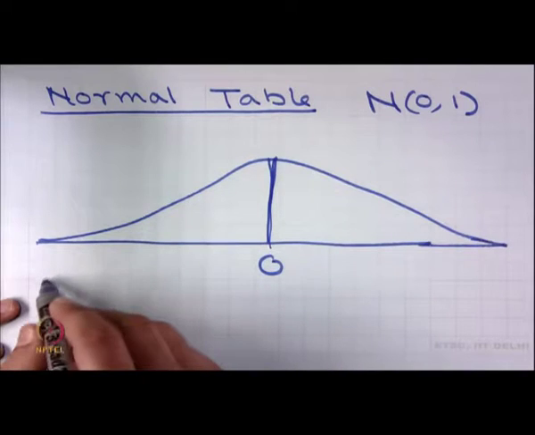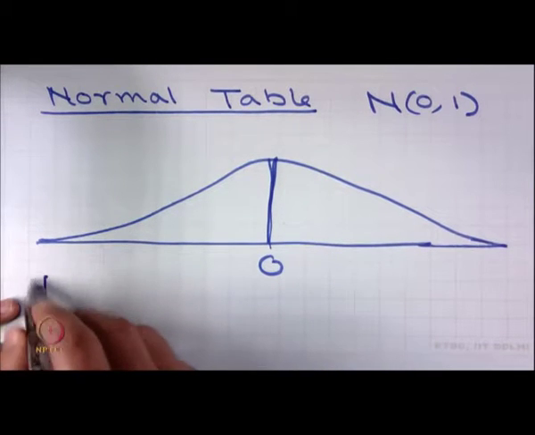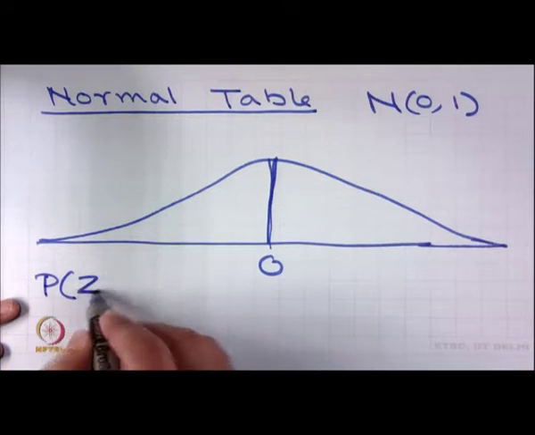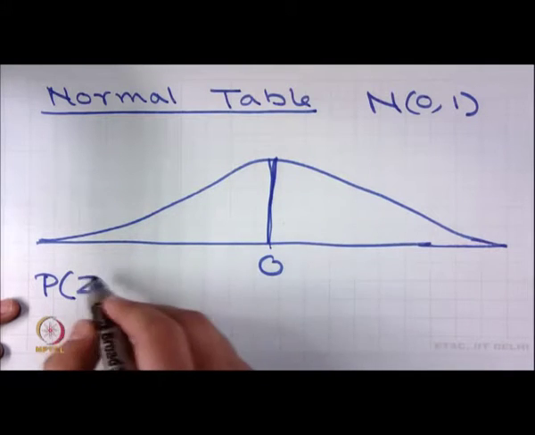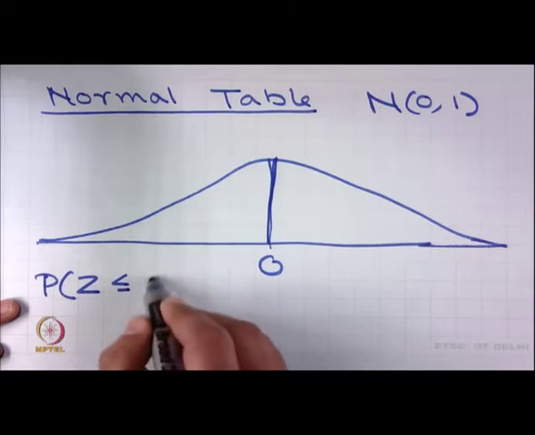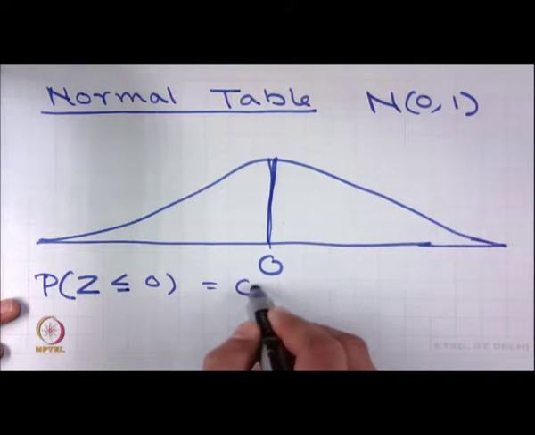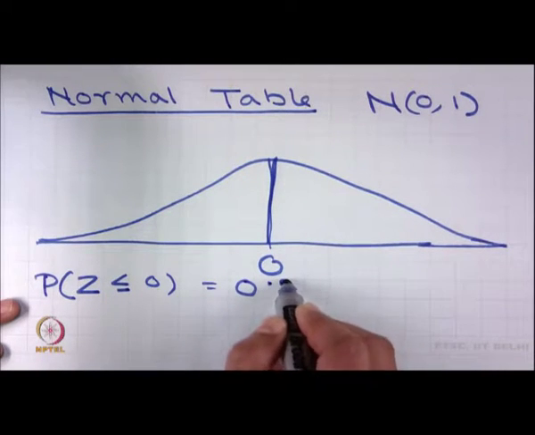We know that probability Z, which is standard normal, less than or equal to 0 is equal to 0.5.